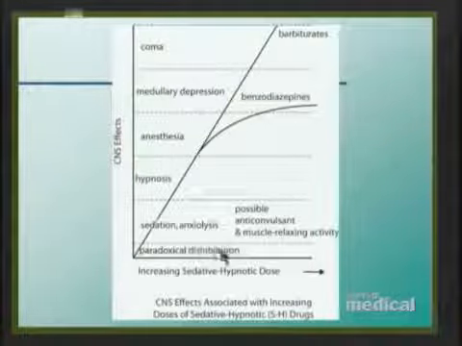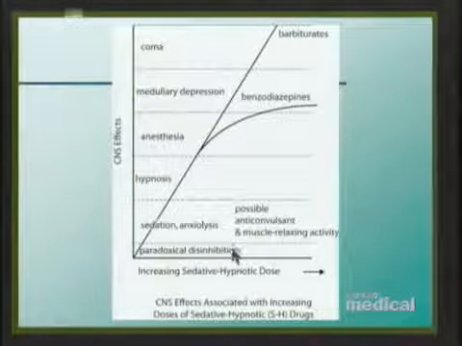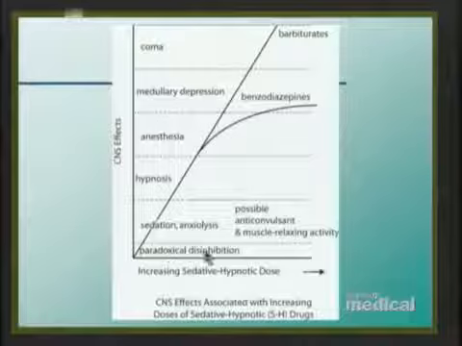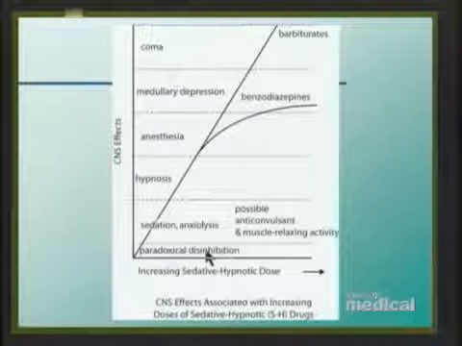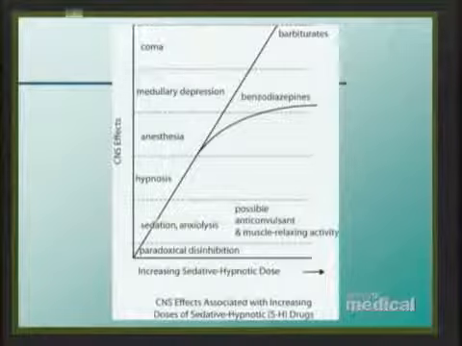And let's first notice that the initial CNS depressant effect is that of paradoxical disinhibition. What we mean by this is that effectively the human cortex is filled with excitatory amino acid transmitters, particularly glutamate and aspartate. And our cortical areas are constantly under negative inhibitory influences of subcortical gray matter.